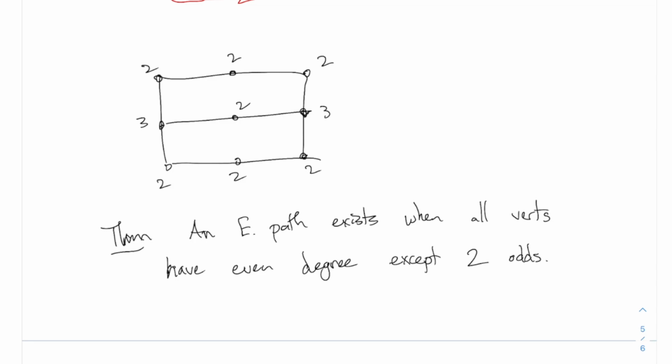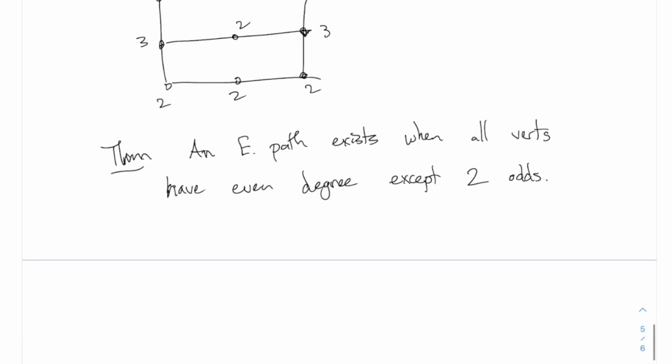All right? And that's what happened in that example right there. If they're all even except two odds, then actually you can make an Euler path. That is, it uses every edge one time. But it's not a circuit. So an Euler path exists when all vertices have even degree except two odds. And I will just say the two odds are the start and the end of the path.